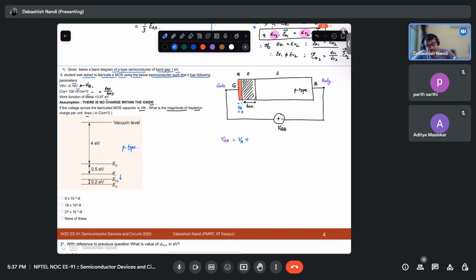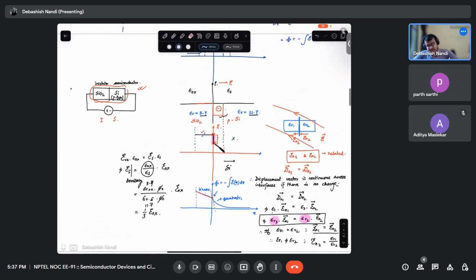And what is the next thing? There will be some drop in the oxide. Should there be any drop in the oxide? Yes, sir. So let's call that. Whole VGB will be dropped there. No. Why will the whole VGB be dropped there? There is semiconductor also, right? Sir, that is oxide. Now oxide will be insulator. So the entire potential will drop on the insulator. Okay.